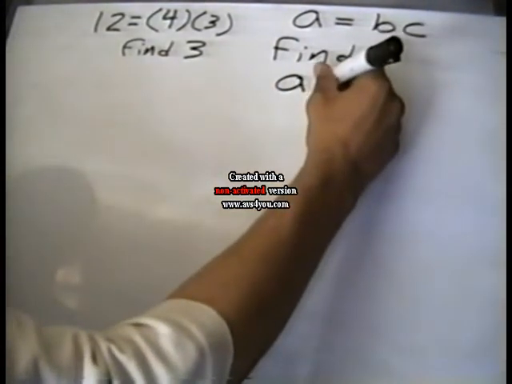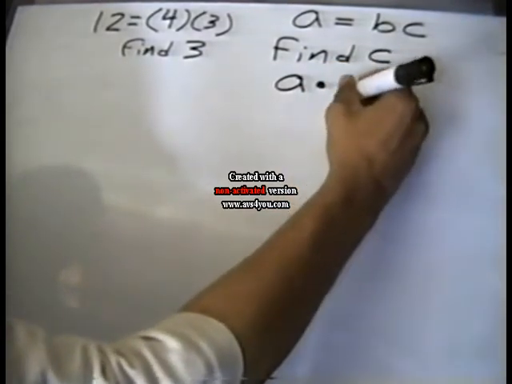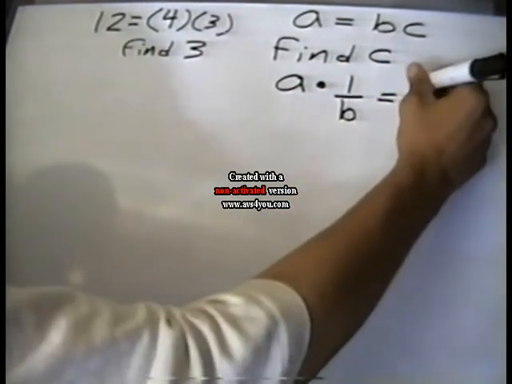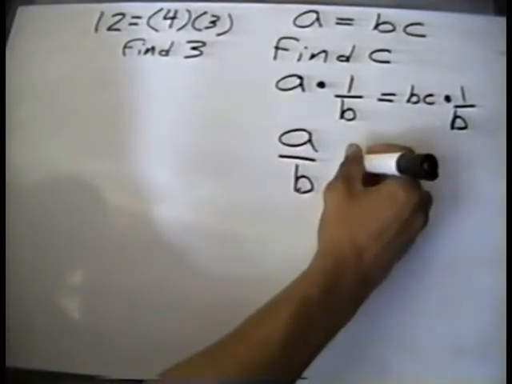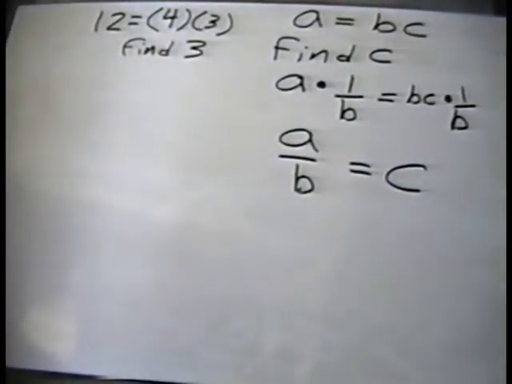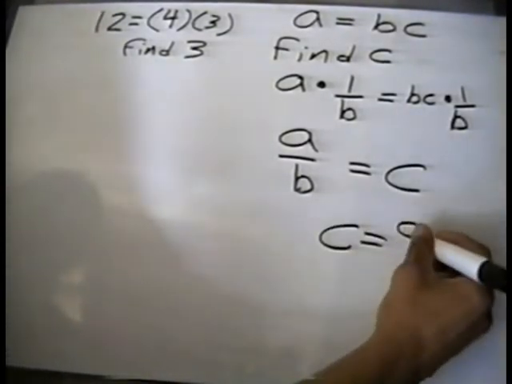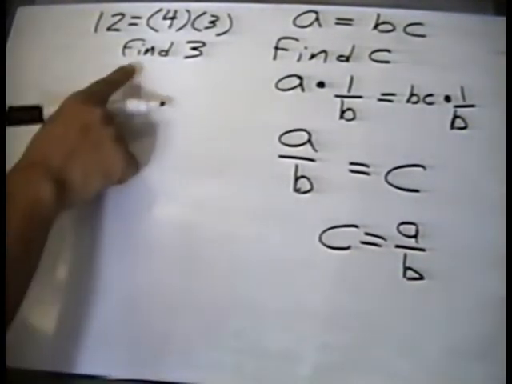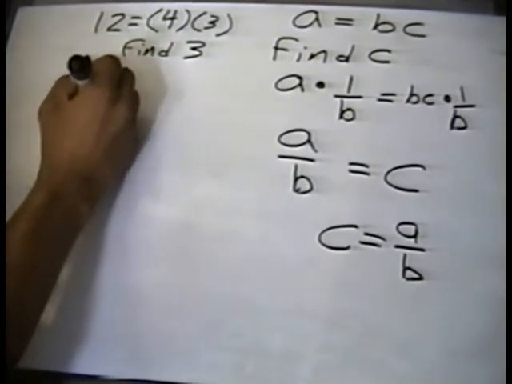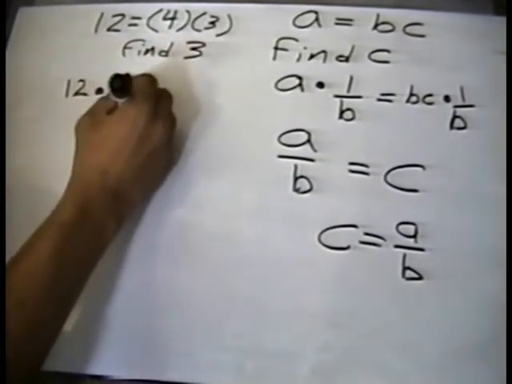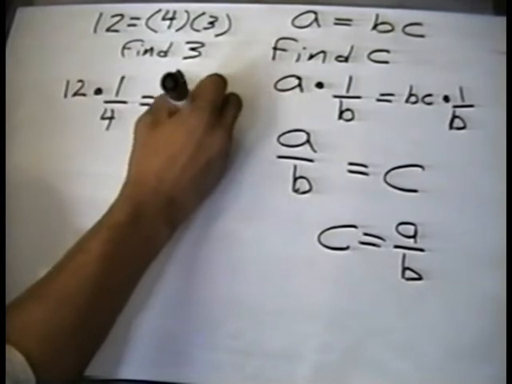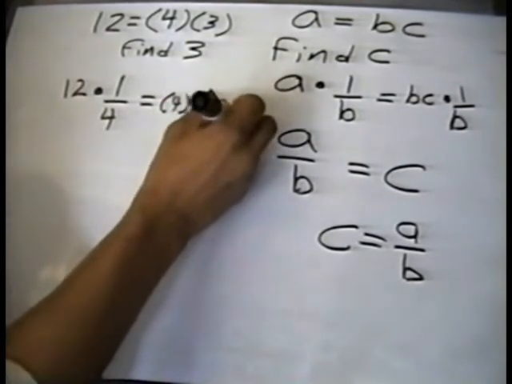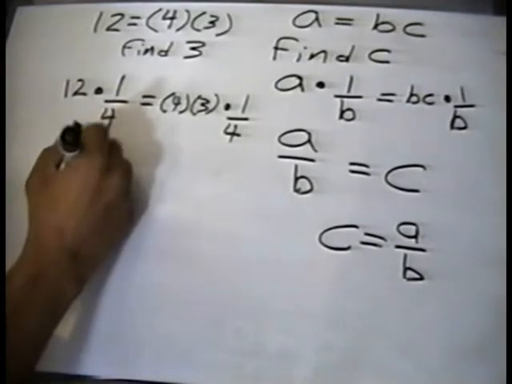Say we want to find C and find 3. Now, here, we want to multiply both sides of the equation by the reciprocal of B. Okay, so here we get A over B equals C, or C equals A over B. Here, we're going to multiply both sides of the equation by the reciprocal of 4.